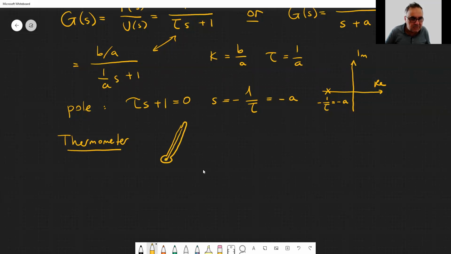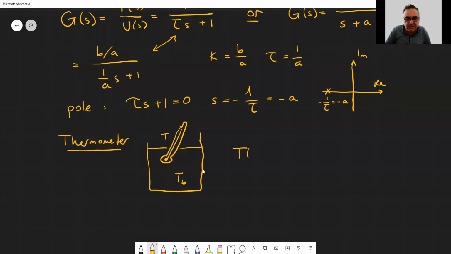The thermometer has mercury in it, and you insert it inside a bath with a temperature of TB. The thermometer has a temperature of T. The thermometer measures its own temperature, as you know. So the thermometer temperature is T, not TB. But eventually, it will be in equilibrium with TB, and it will measure the temperature of the bath.